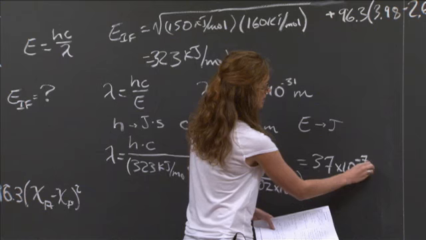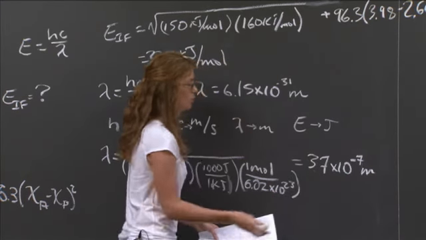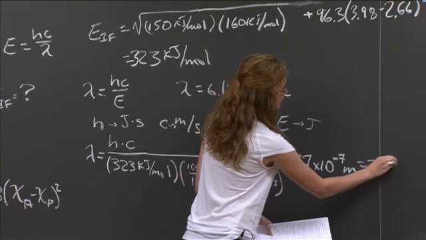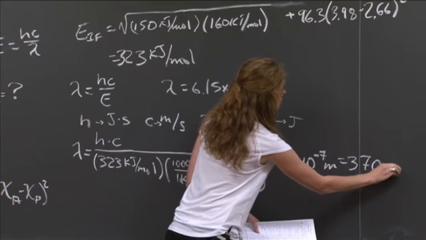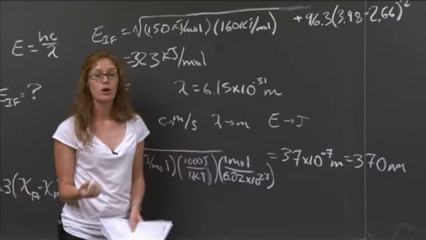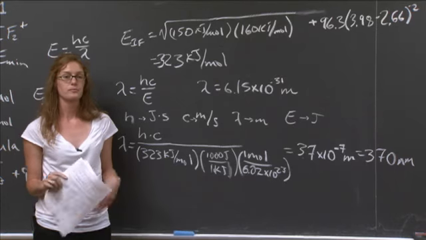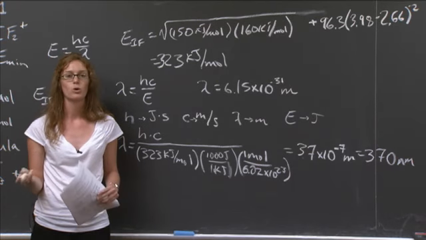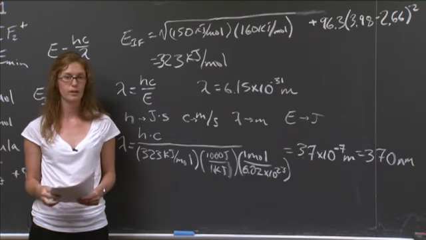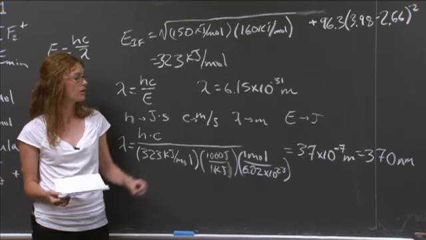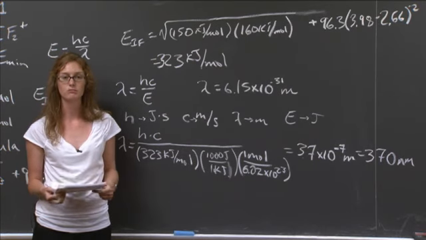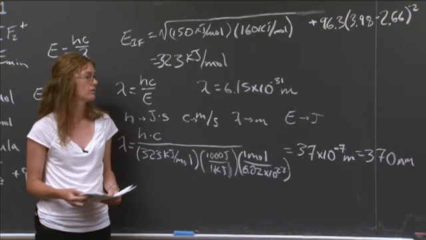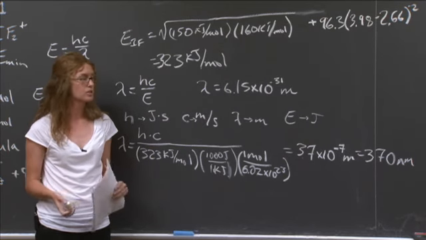3.7 times 10 to the negative 7 meters, which equals 370 nanometers. And if we recall, the light we can see is in the 400 to 700 nanometer range, so this puts us in ultraviolet radiation, which makes sense, that it would take that much energy to break a bond.